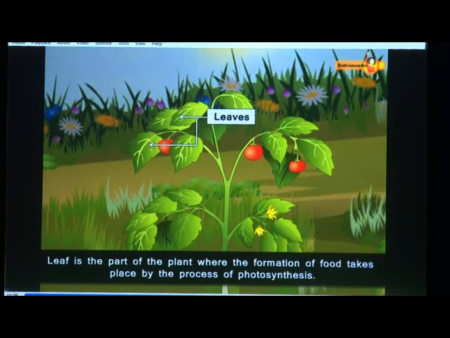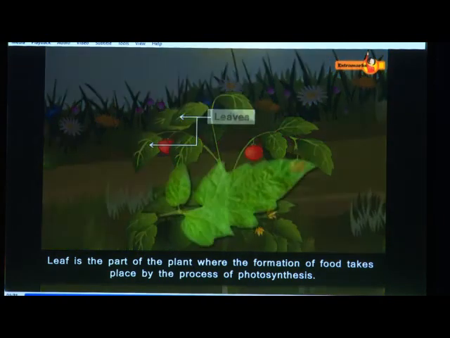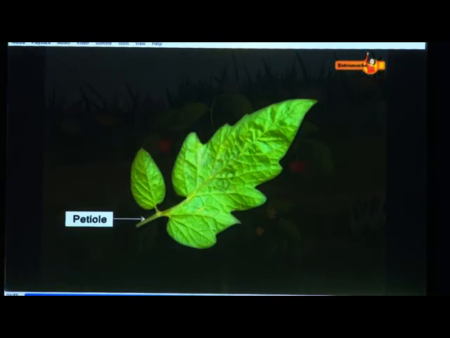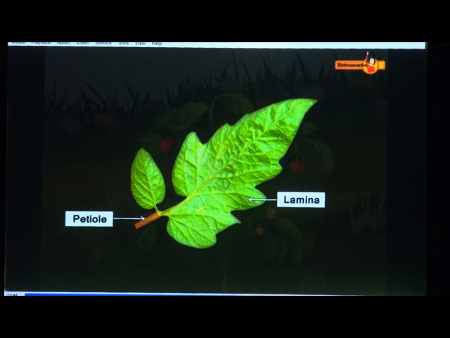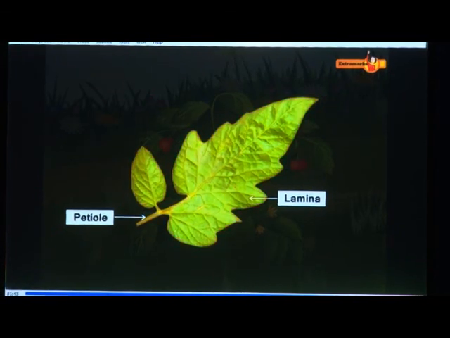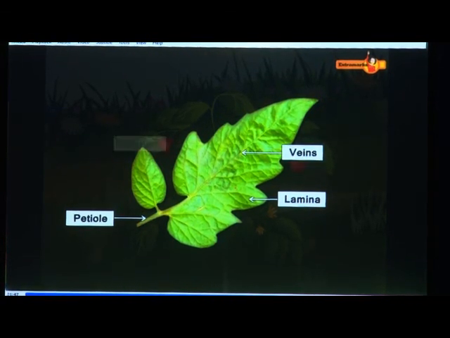Leaf is the part of the plant where the formation of food takes place by the process of photosynthesis. Leaf consists of petiole and lamina. Petiole is the small stalk by which the leaf is attached to the stem. Lamina is the broad, flat and thin part consisting of veins and veinlets.